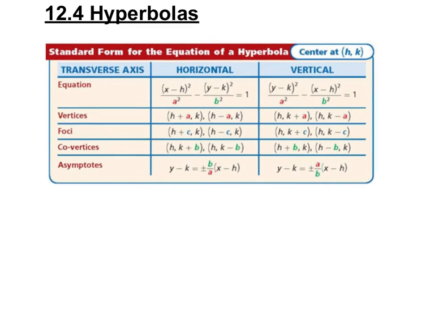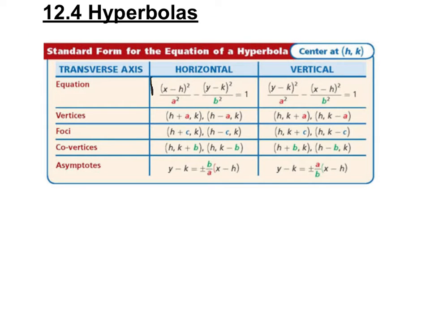Standard form of an equation. This is worth writing down. It looks like this right here, or like this right here. Depending on what it says will determine if it's horizontal or vertical, vertical being up and down, horizontal being left and right.